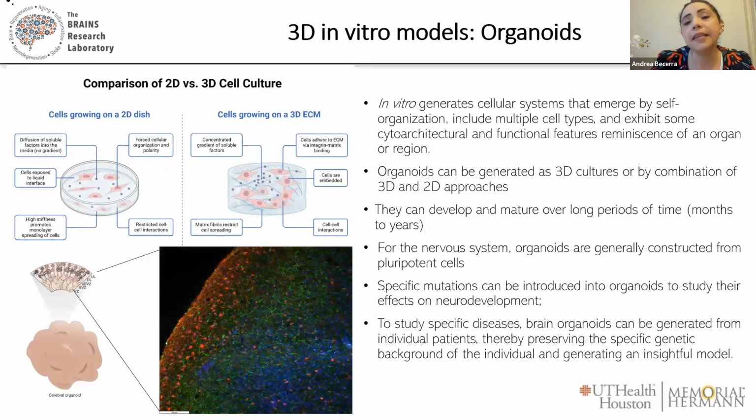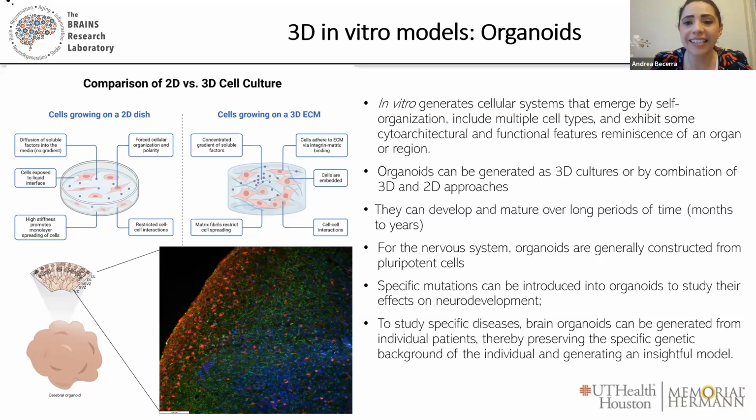However, this is a 2D condition, with the same disadvantages that I explained before. For that reason, in the last 10 years, we started to develop 3D in vitro models, or organoids.